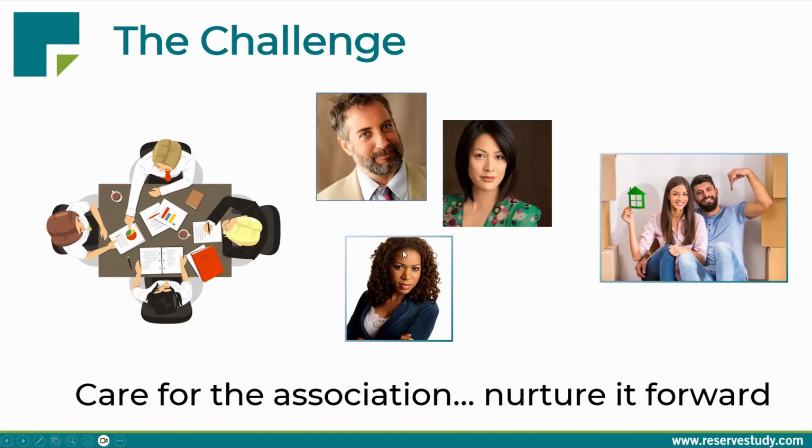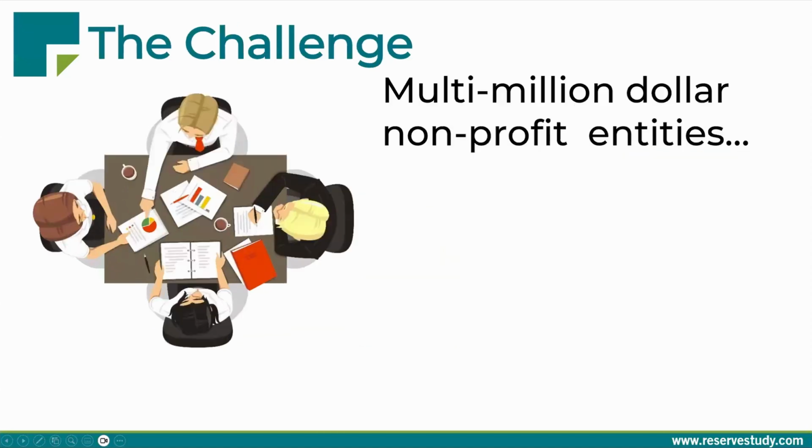So it is this combination of people doing their role, but there's another weak link. And the weak link is that all these community associations all across the country, about 375,000 of them, they're nonprofit entities.